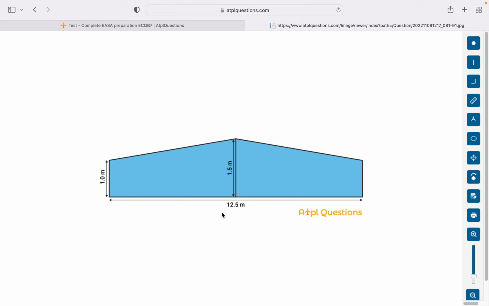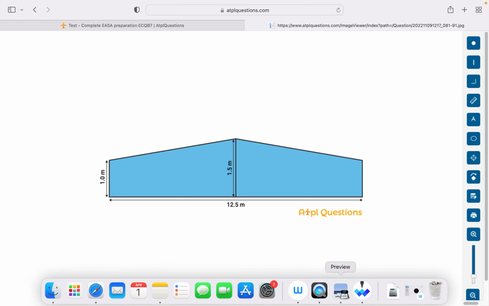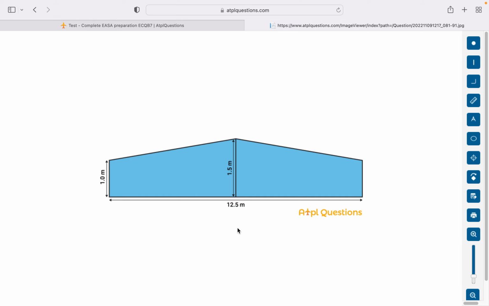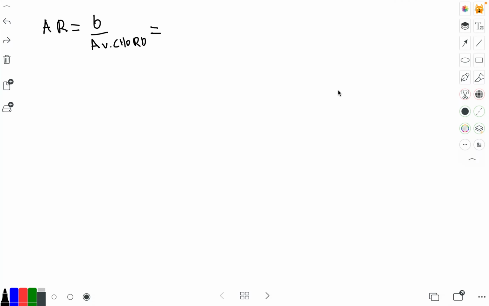We have here 1 meter, 1.5, so 1.25, an easy calculation, and this is the B, the wingspan. So we can come up easily with 12.5 meters divided by 1.25 meters, which makes us 10 as an aspect ratio.